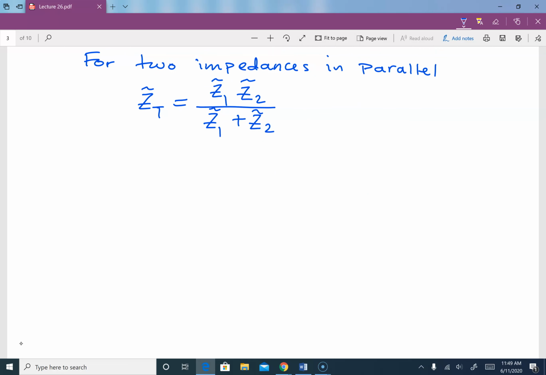So let us go over an example to show you how we can determine a total or equivalent impedance.